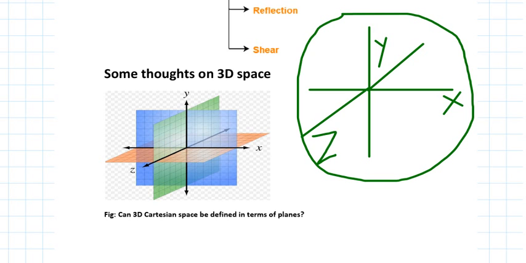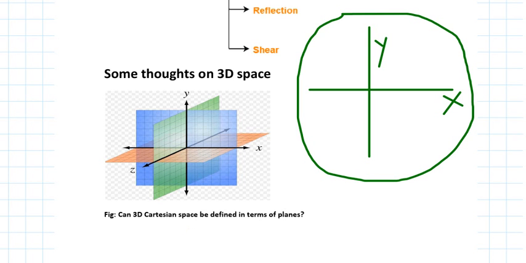We were able to define our screen, this white screen, in terms of the x and y axes. That means by using two primary axes, we can define a plane surface. Now you have three primary axes. Arbitrarily pick any two primary axes, and you will get a simple plane.